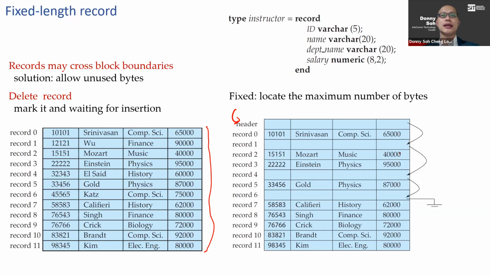This would then point to all the records that have been deleted. In this instance, record 1 was deleted, record 4 was deleted, record 6 was deleted. So this pointer will point to all the empty records, so that if another record gets deleted, this will then point to here, and this will be how the resultant table looks.